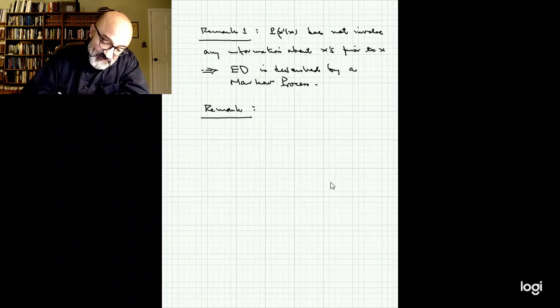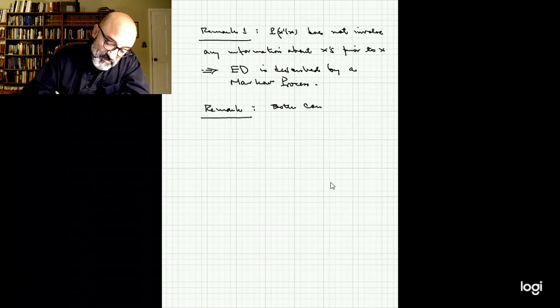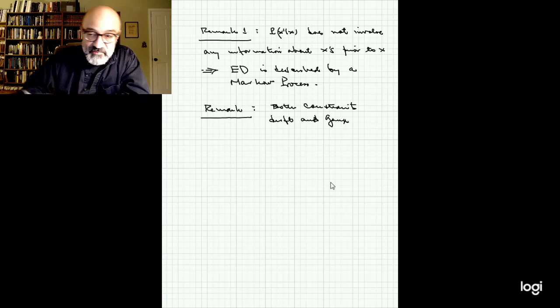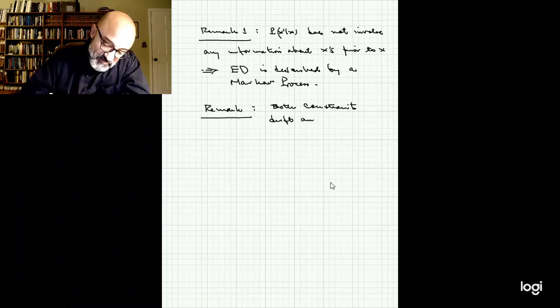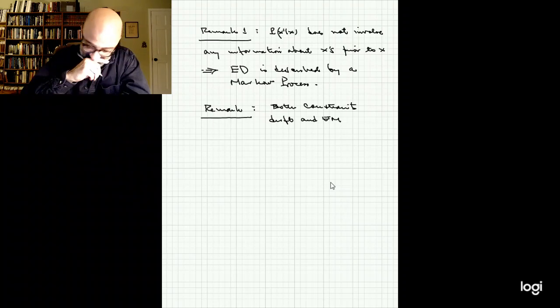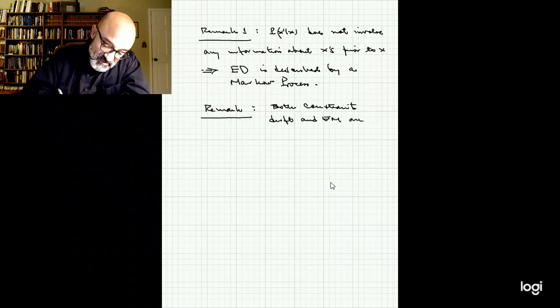Remark: both constraints, the gauge constraint, drift, and the gauge constraint, the electromagnetic constraint, are not independent.